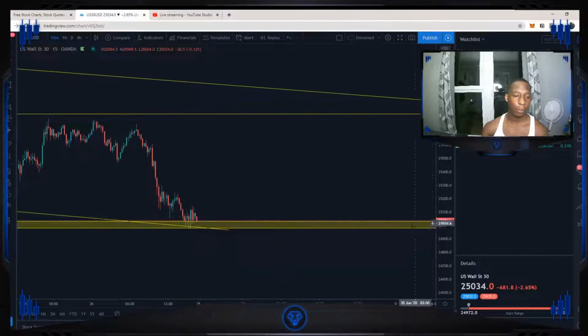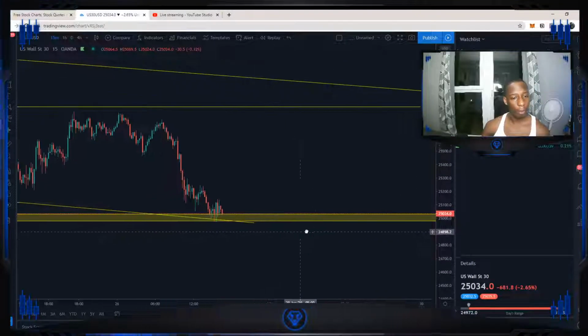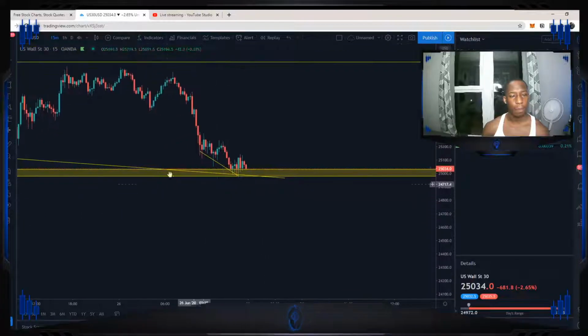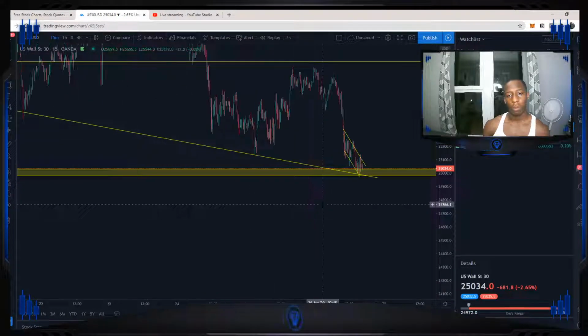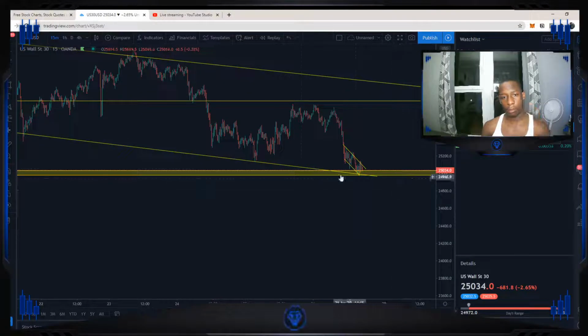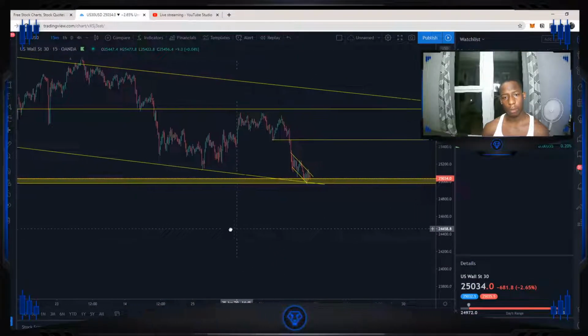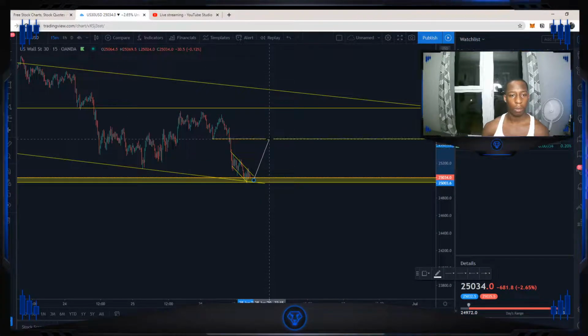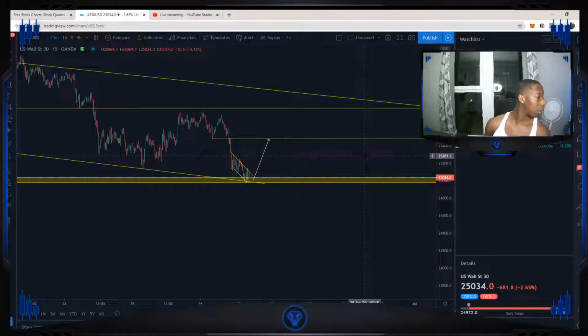Making a leg. Alright, cool. Yeah, that's US 30.